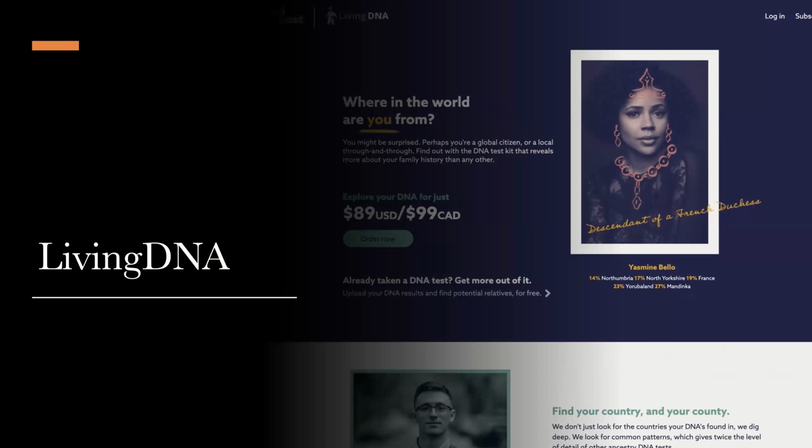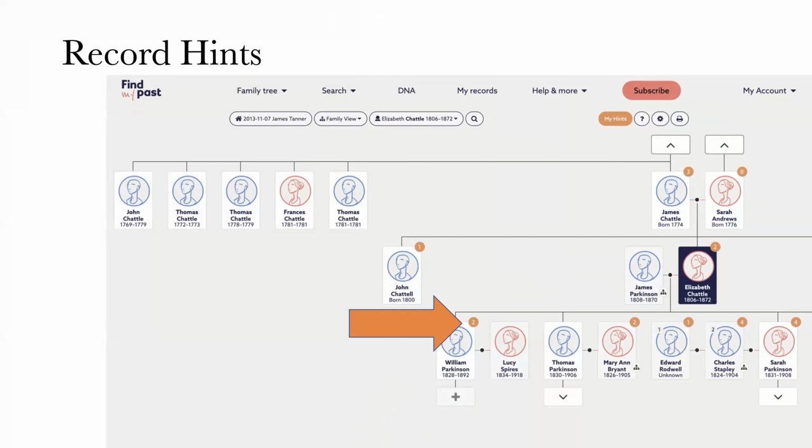Let me go back and explain what happens. For example, you may find that there's a William Parkinson in Lancashire, and a William Parkinson in another county where your person is from.